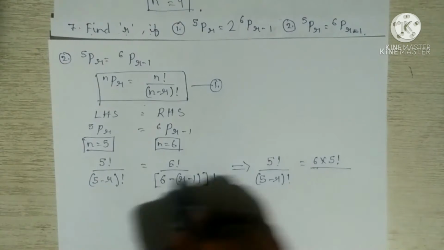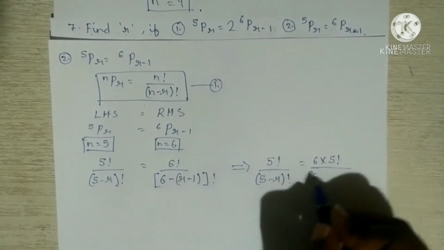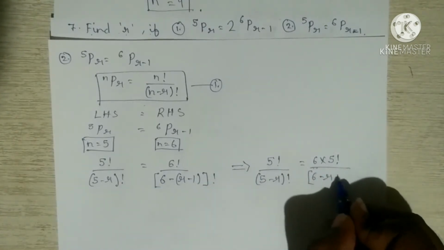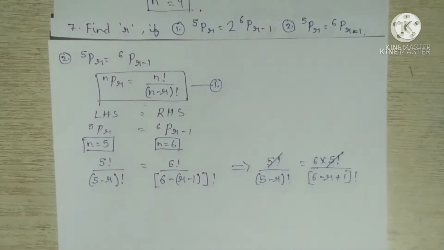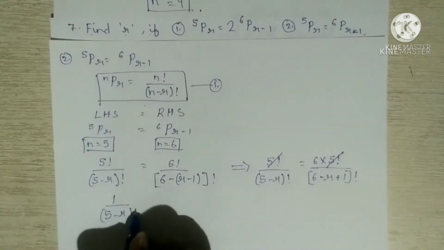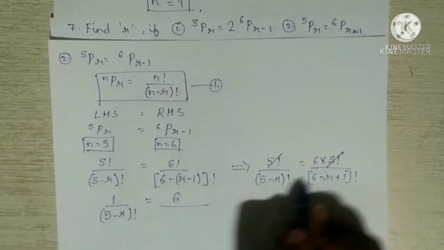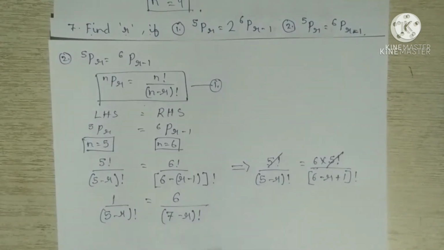Then 6 minus into plus r is minus r, minus into minus 1 is plus 1, whole factorial. 5 factorial cancel, then this will become 1 by (5 minus r) factorial, which will be equal to 6 by (6 plus 1 is 7 minus r) factorial.